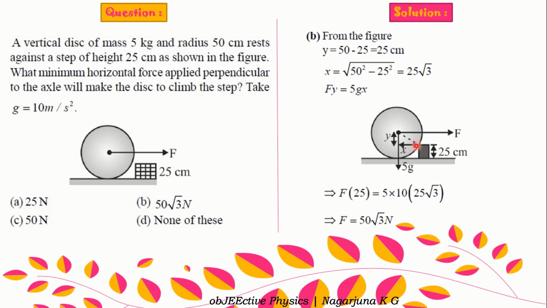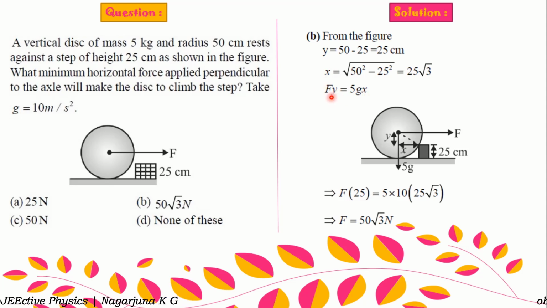And x is equal to, observe here a right angled triangle. Observe the red color spot. From the right angled triangle, according to Pythagoras theorem, x can be written as square root of 50 square minus 25 square, that is equal to 25 into root 3. But torque due to applied force capital F, F into y is equal to 5g into x.